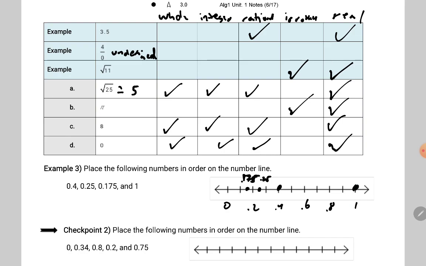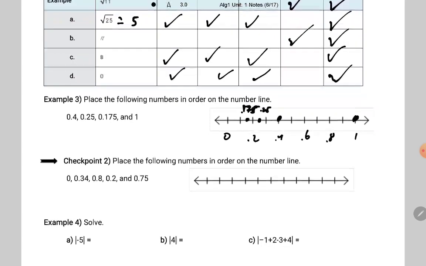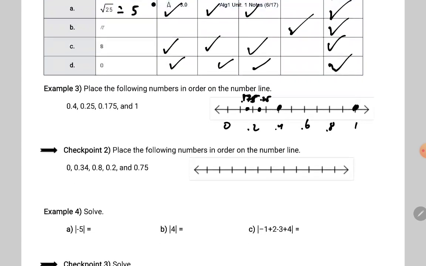So we just make dots. Same thing. So I'm going to have this be 0. And I'll do 0.2, 0.4, 0.6, 0.8, 1, or 1.0. So we have a number at 0.